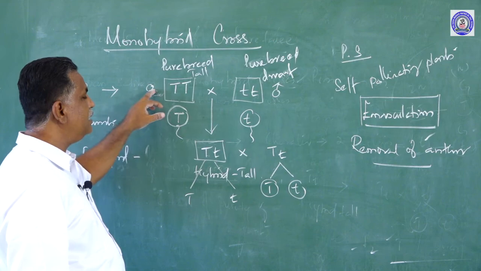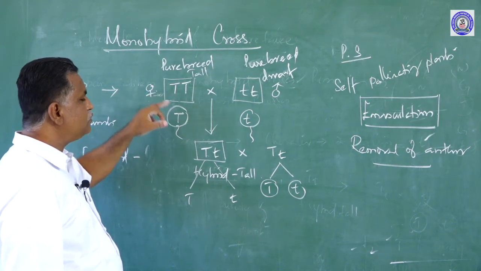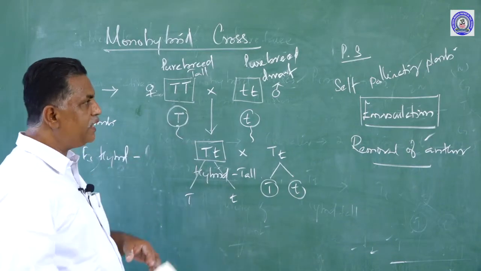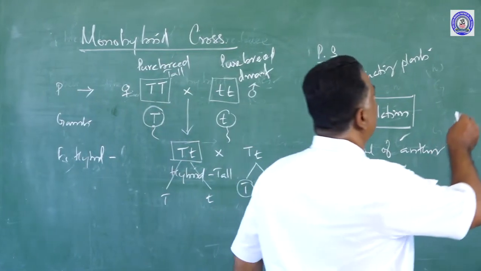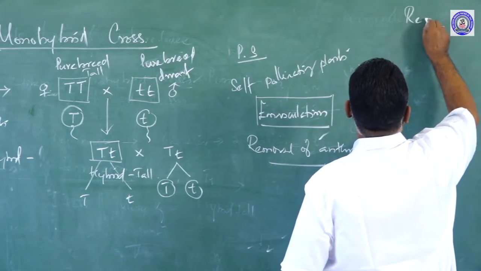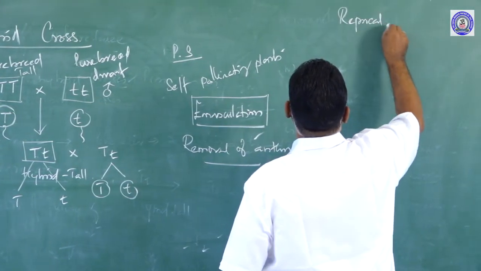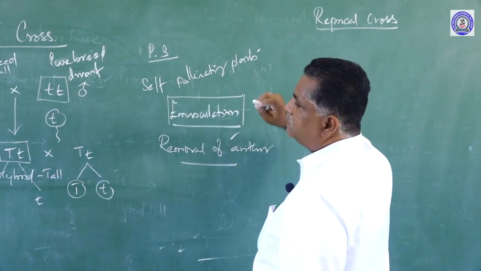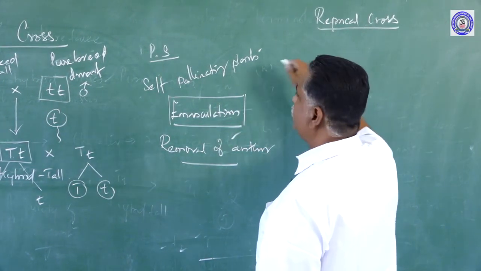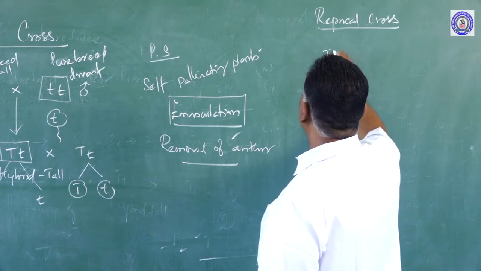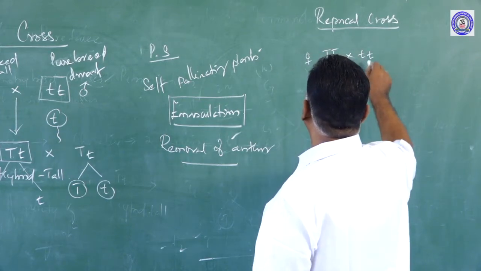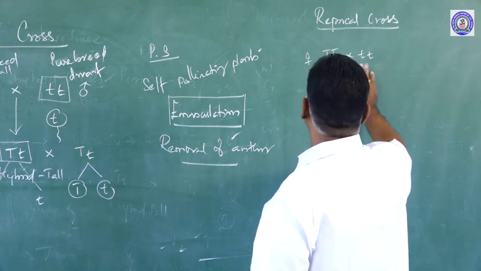So sex of the parent has an influence over the inheritance of character. He thought like that. So he made a reciprocal cross. We will talk about reciprocal cross. This was also done by Mendel to make some clarity. So in the first experiment, capital T, this was considered as female, and small t, this was considered as male.